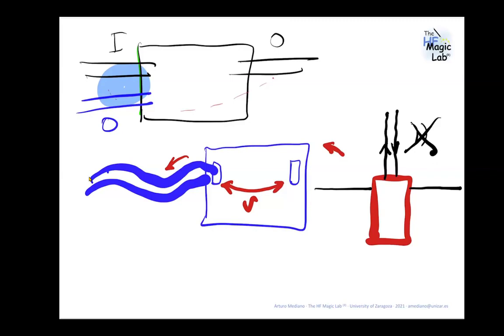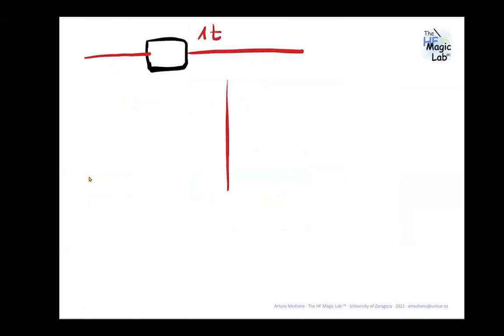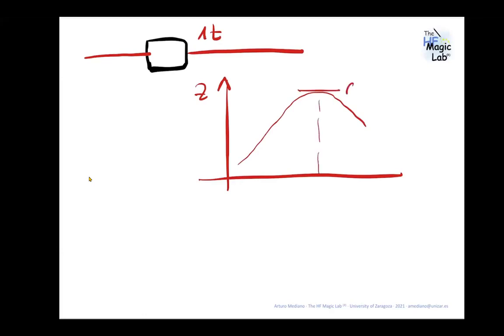Okay, what is the reasoning behind having one turn or more turns for ferrite? What defines that? If you have a ferrite like this one, and you introduce the wire through the ferrite, this is one turn, you can observe that the impedance you get is something like this, for example. At this frequency, I have 600 ohms.